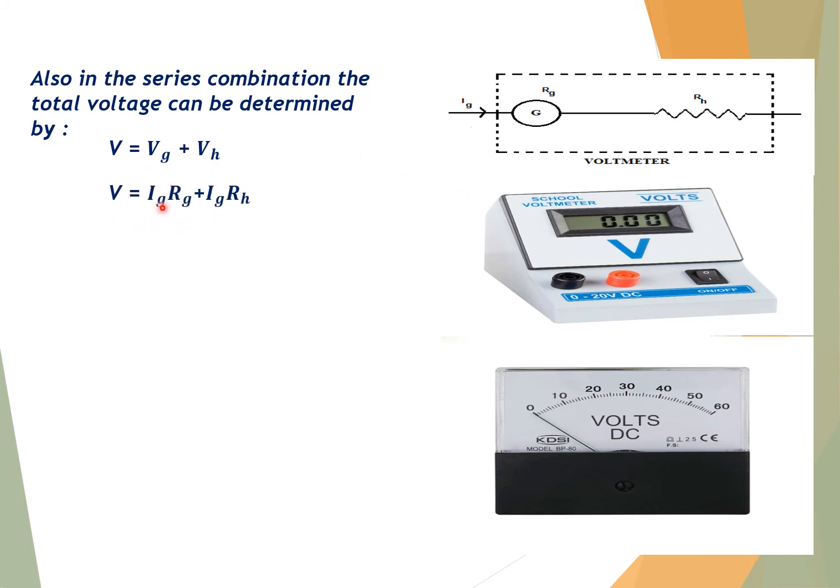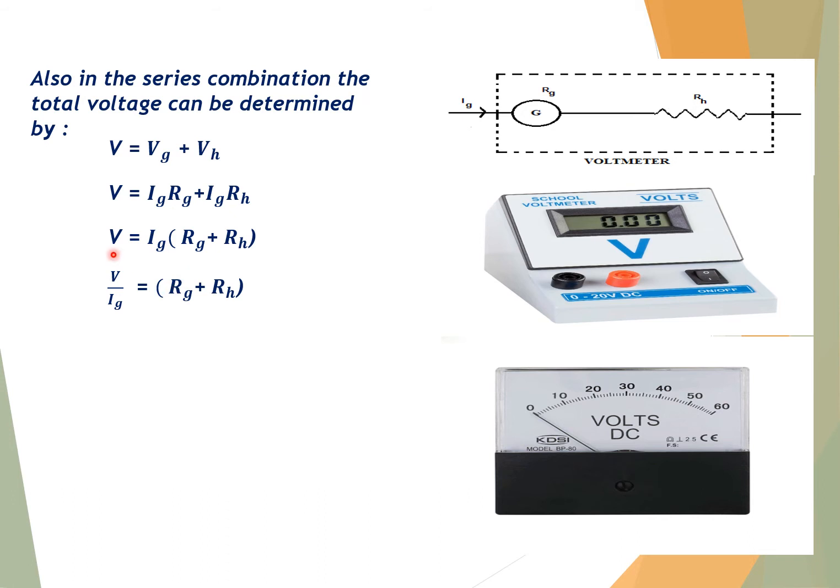Vg is equal to IgRg from Ohm's law and Vh is equal to IgRH from Ohm's law. Actually, IH is equal to Ig because the current is the same in a series combination. So we can write Ig into RH. Taking Ig as common, we get V is equal to Ig into (Rg plus RH).